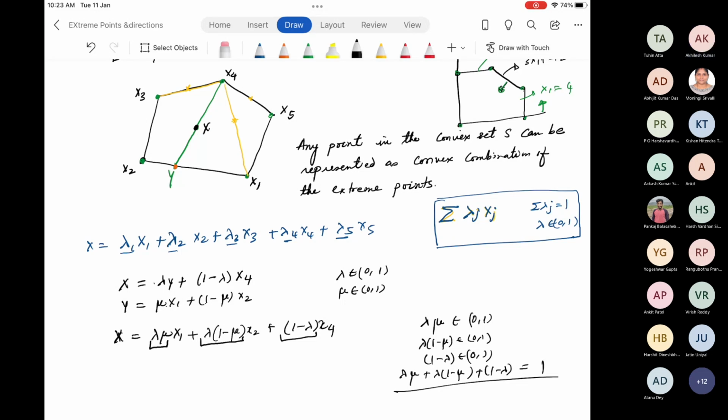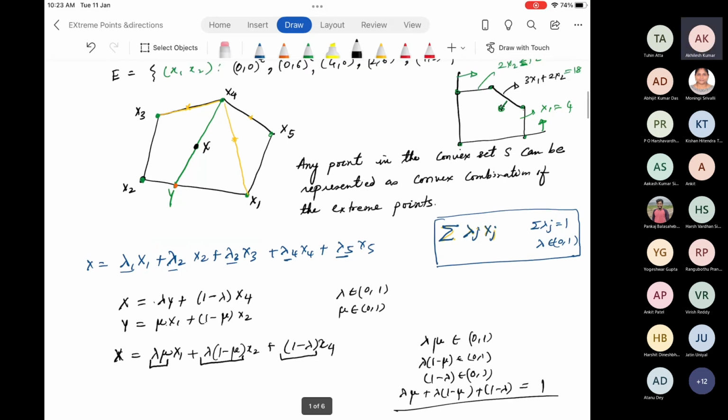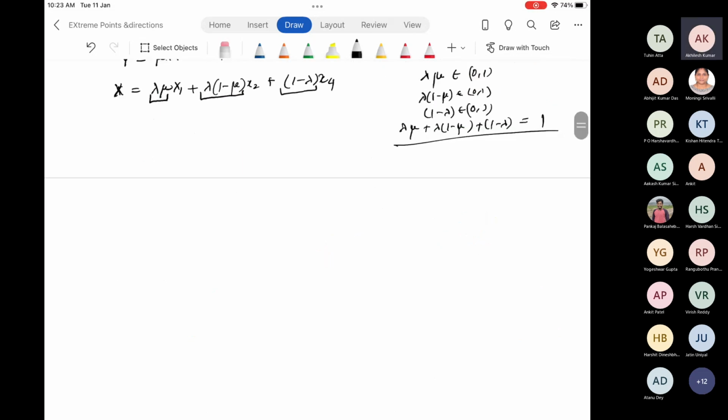Yes, sir. Let's look at another example. Let's say a convex set S is x1, x2 such that x2 is greater than or equal to mod of x1. Tell me how many extreme points it has.